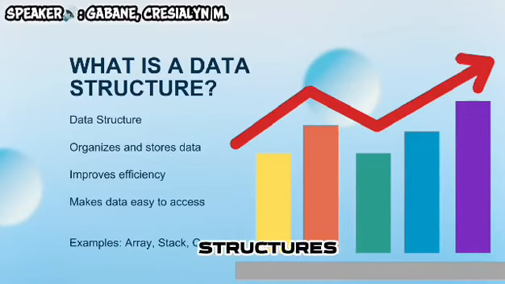Examples of data structures: some common examples include arrays, stacks, queues, and trees. Each data structure has a specific purpose depending on how data needs to be stored and accessed. In this presentation, we will focus on the stack data structure.